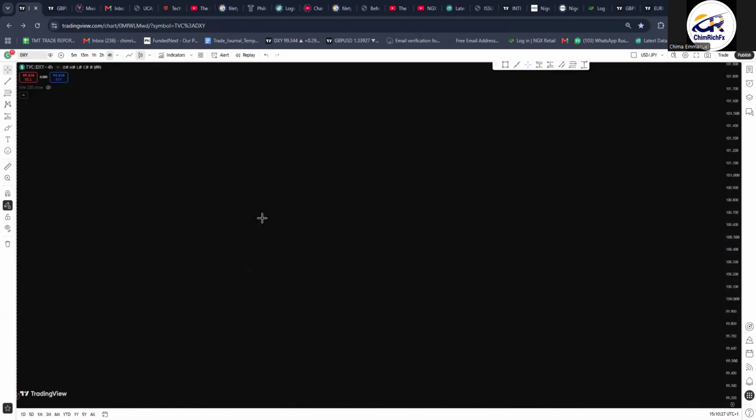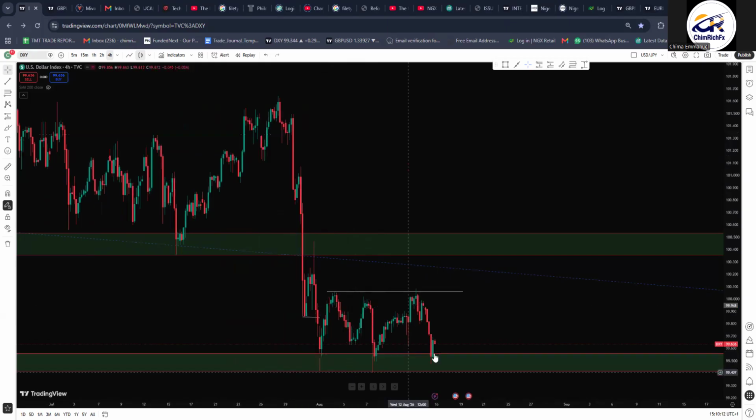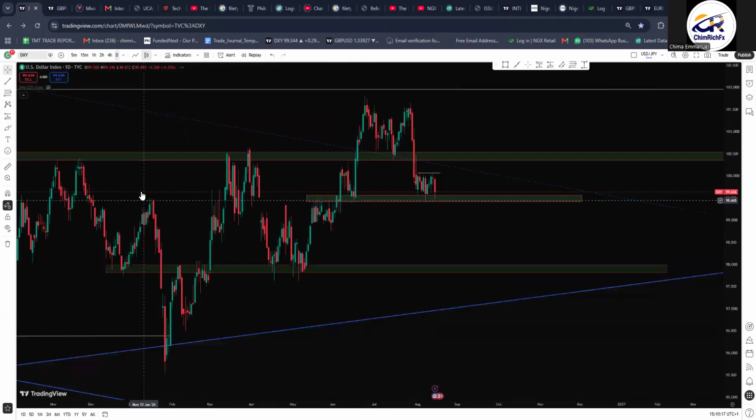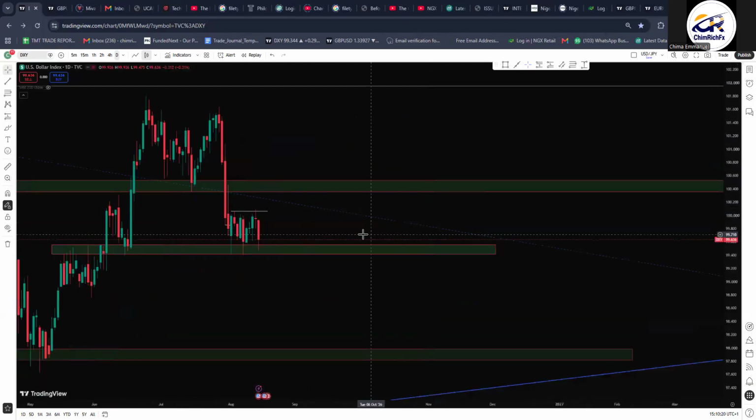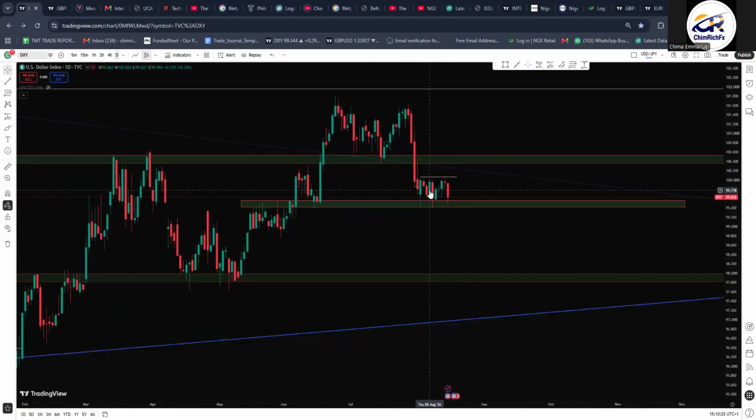On the DXY, we can see that price is currently on a support level. And for price to be bouncing off this level, it shows that there is strong activity within this zone.